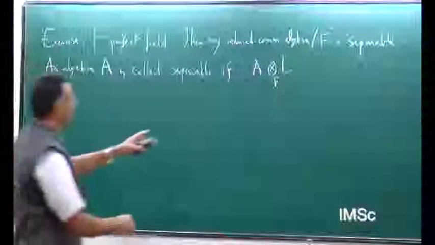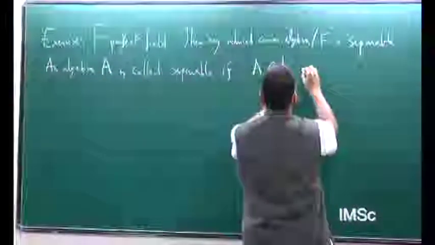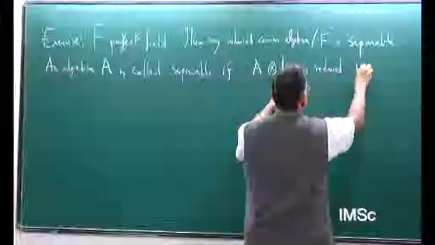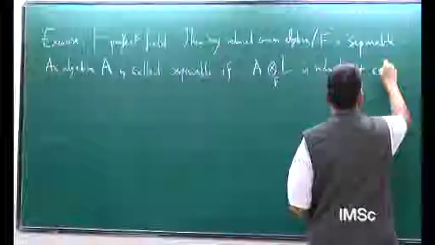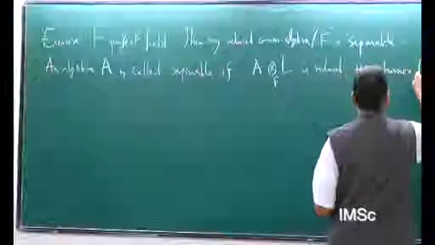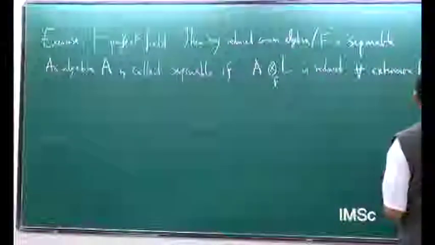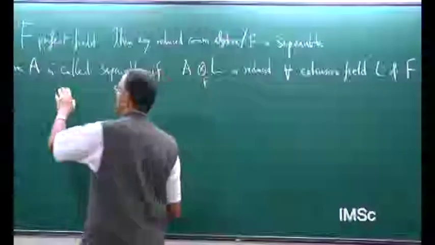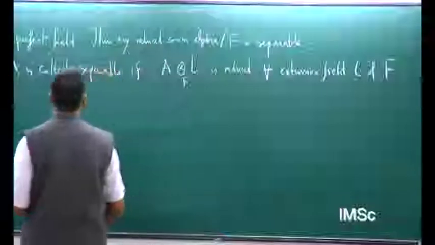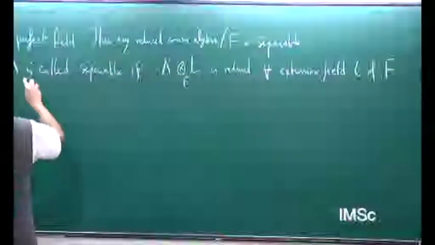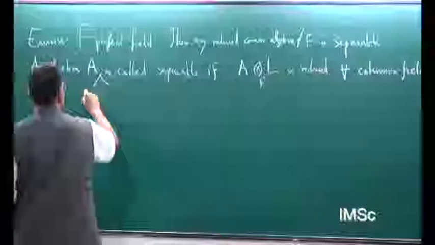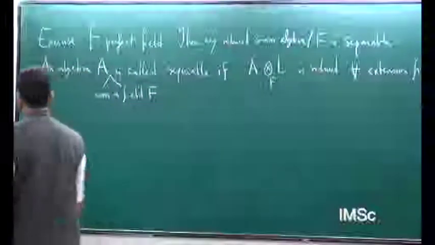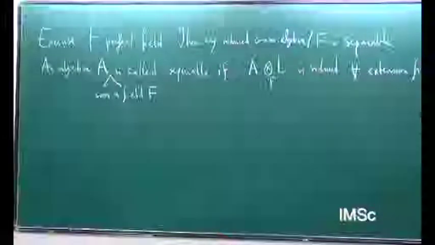So if A tensor L over F is reduced for every extension field L of F. So this is the definition for an algebra A over a field F.